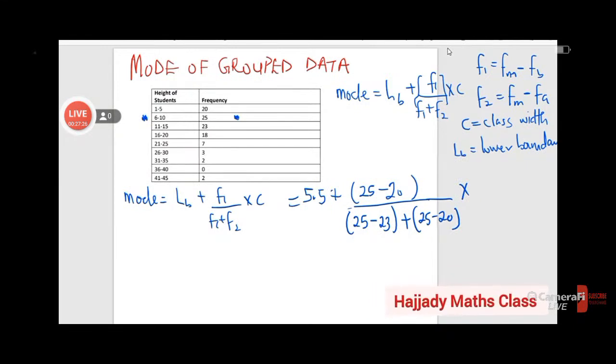Multiplied by my class width, which is 5, from 1 to 5.